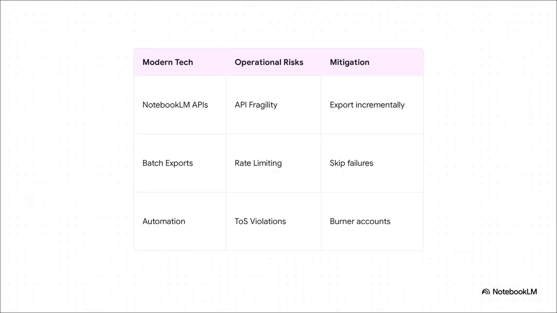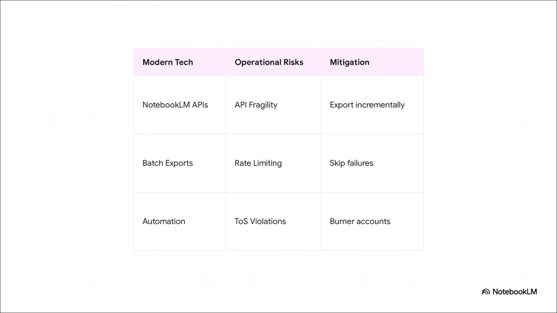On top of that, researchers who are trying to automate the analysis of these massive datasets face some severe operational risks of their own. If you use modern toolkits, like Google Notebook LM, for example, you run straight into API fragility. You're relying on undocumented code that can break instantly with just one tiny update. Automated batch exports constantly hit rate limits, which causes generation hangs or just total crashes.